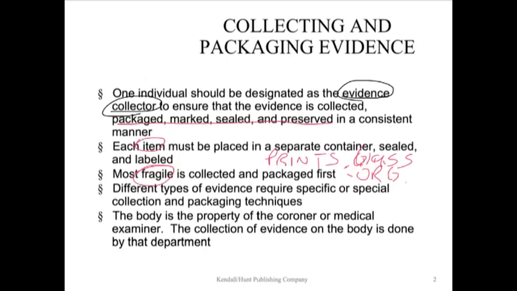I already mentioned this. Different types of evidence require special or specific collection and packaging methods. And then the body is the property of the coroner. So while for our purposes, when you have a body at a crime scene, you may be able to collect some evidence off that body, most likely you're going to end up getting what's called a coroner's report.